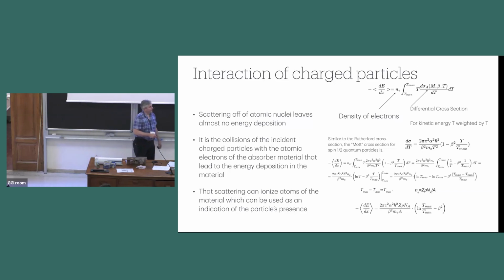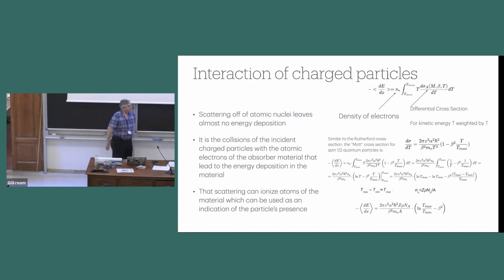So you can calculate this. I won't go through the calculation. You've probably seen it before, in which you try to see how much energy loss you would look for in a particular scattering. It's similar to the Rutherford cross section, but if you want to get it right, you have to remember that this is a spin 1/2 particle, and you have to take into account relativity as well.